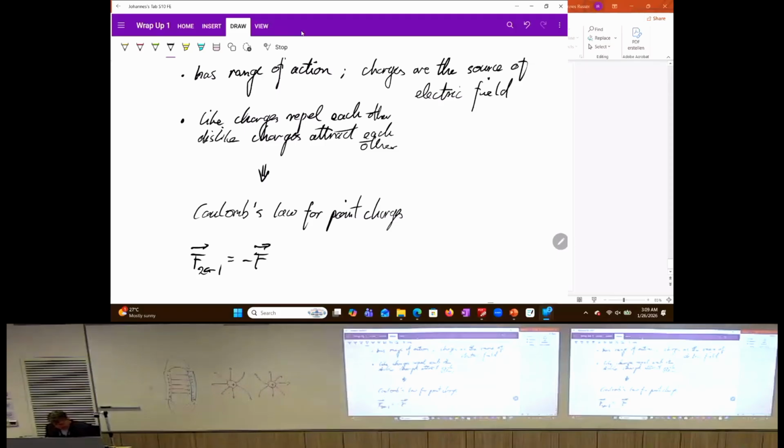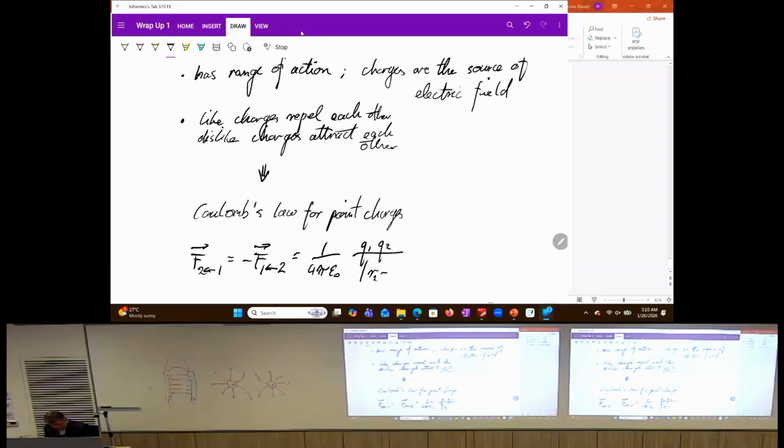The force on charge 2 due to charge 1 is opposite to the force on charge 1 due to charge 2, so they are always of opposing sign. They are 1 over 4 pi epsilon naught, proportional to the charges Q1 and Q2, pointed in the direction of the distance vector, and decaying with the square of the distance.